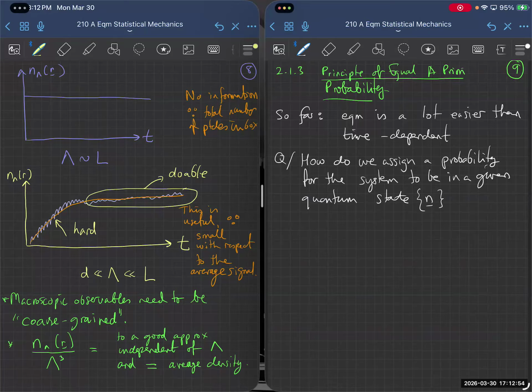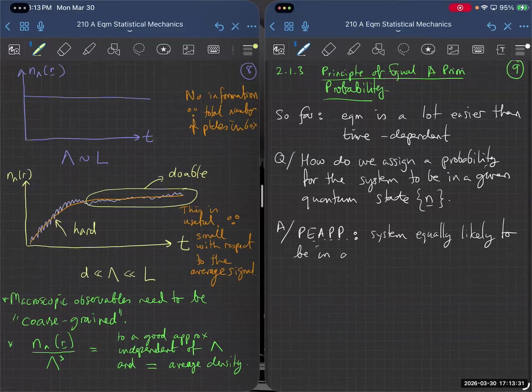So we are going to adopt the principle of equal a priori probabilities, PEAAPP, and what that says is that the system is equally likely to be in any of the quantum states accessible to it.